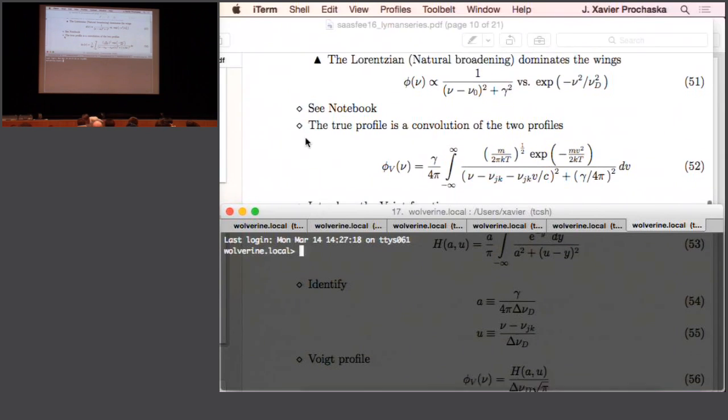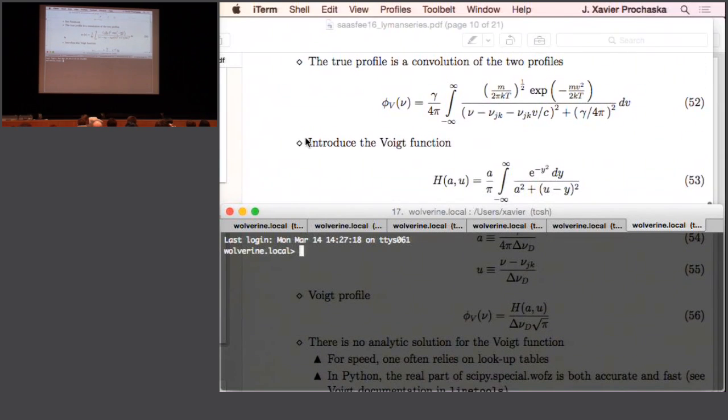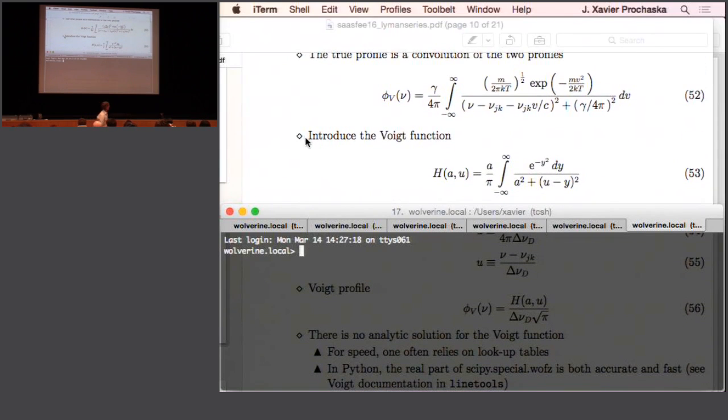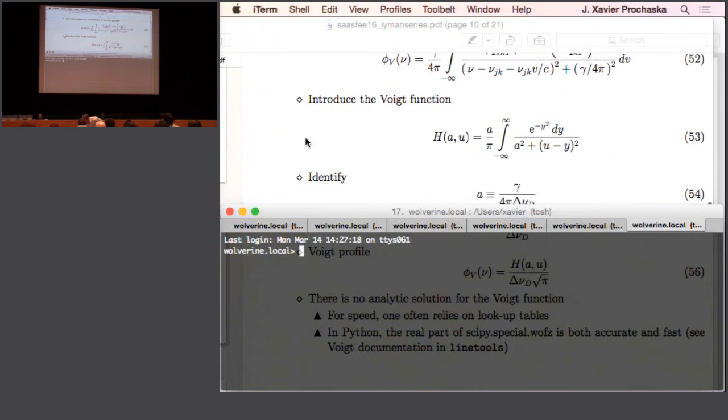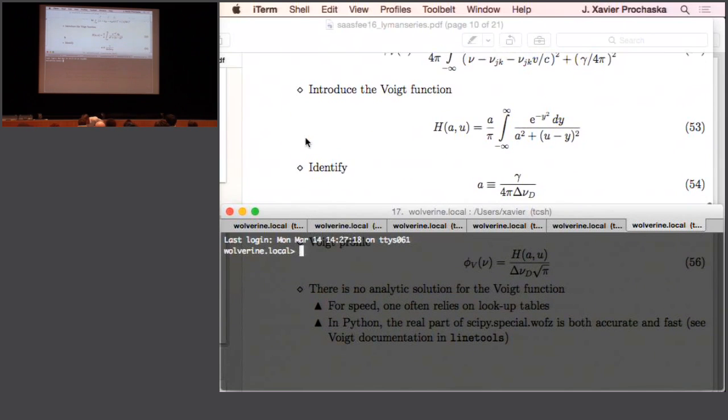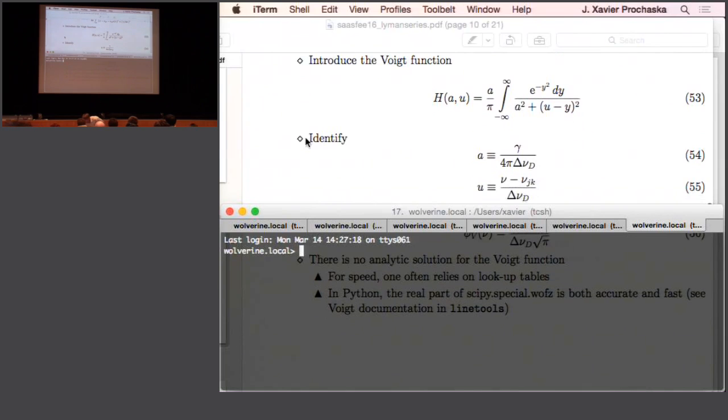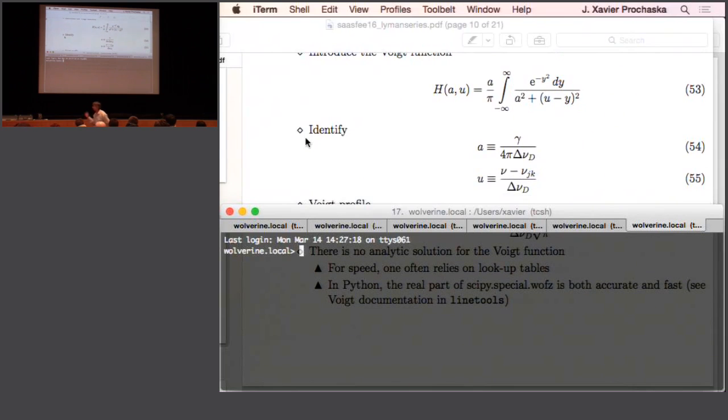But you may recognize this as the Voigt profile, defined here, where a is a ratio of the gamma value that we introduced last time over that velocity or frequency width in the Doppler term, and u is just how many frequency steps you've gone off of line center.